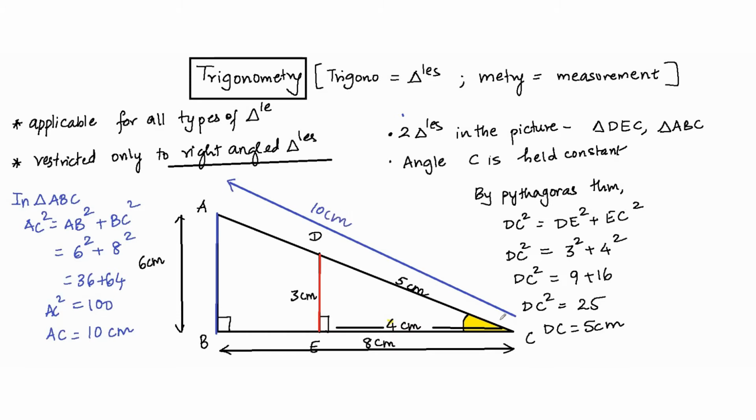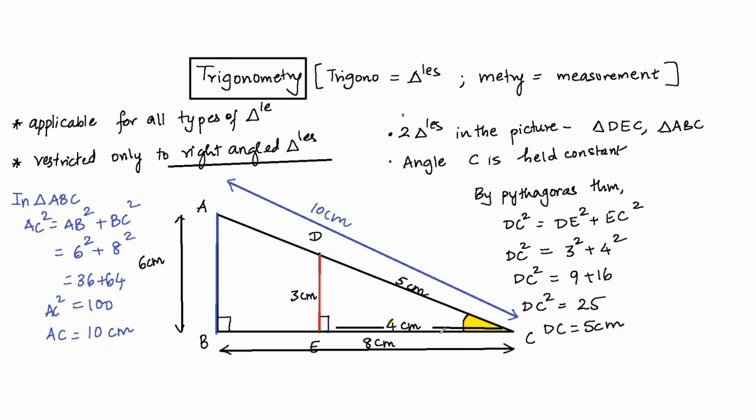If you take a look at all this very closely, you will notice that the sides have changed. So EC was 4 centimeter, BC became 8 centimeter. Similarly, DE was 3 centimeters, AB became 6 centimeters. DC was 5 centimeters, AC became 10 centimeters. But there is some pattern over here.